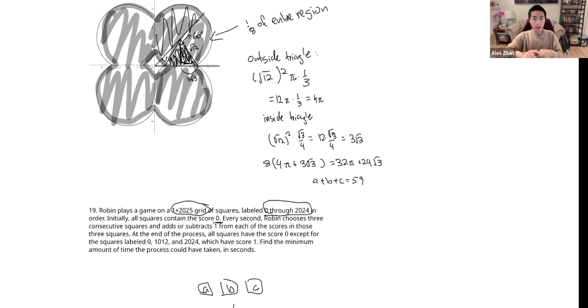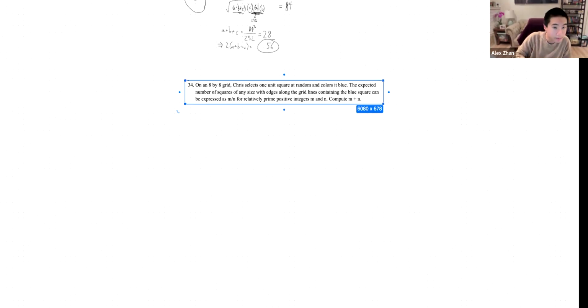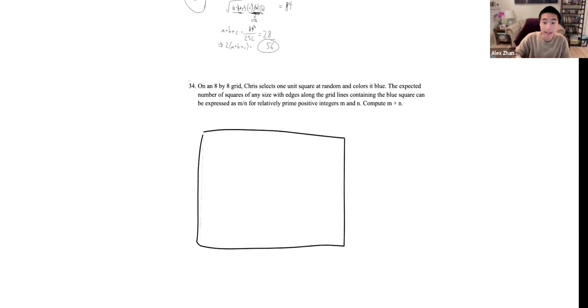Great. Okay, so we'll talk about how to apply the counting in two ways method here. Let's first talk about what the two items are that we are going to count. In our 8x8 grid, we want to count the expected number of squares of any size containing a single blue square.